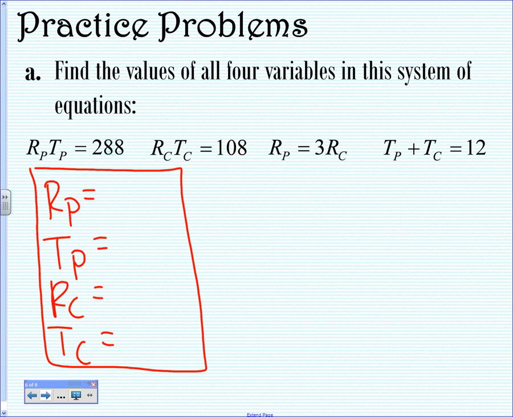All right, who wants to go write one answer? Just one of the answers, not all 4 of them. Just pick one of the answers to write.